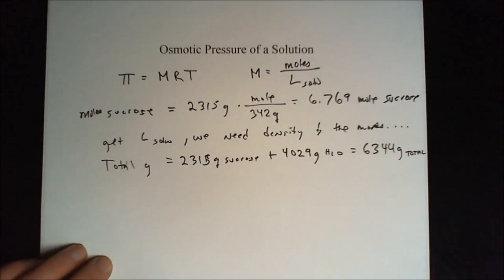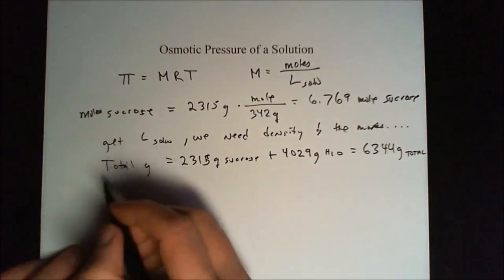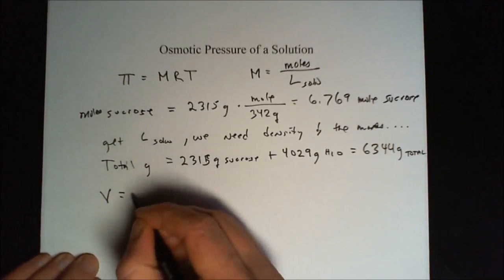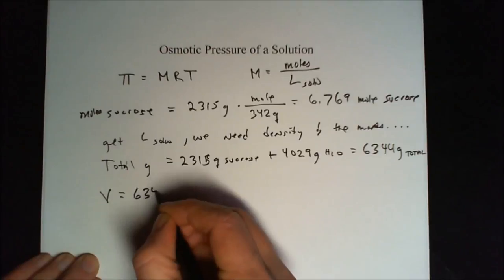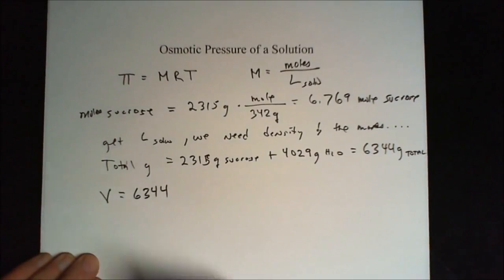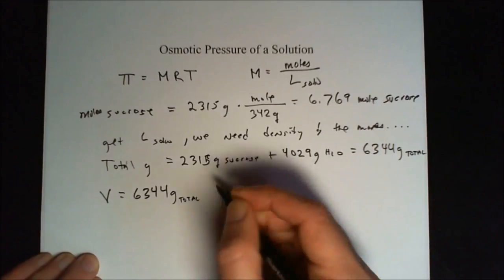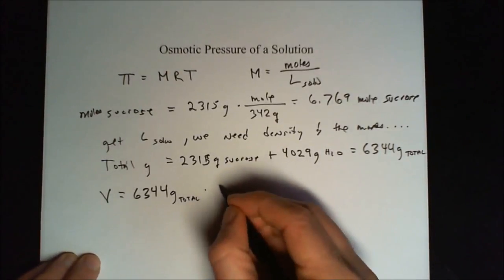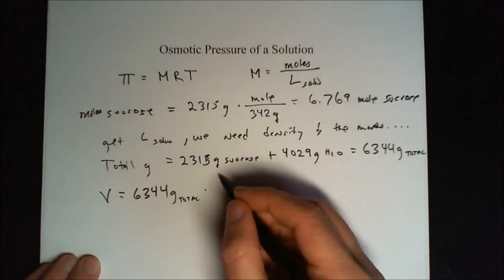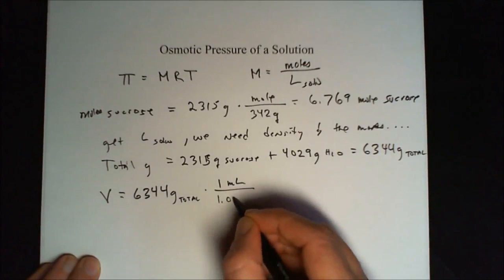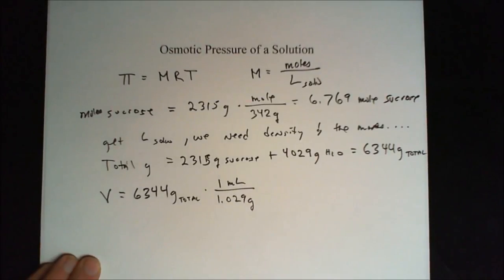Now we're almost there to our liters of solution. We have the density, which was already given to us, so our volume is the mass of our entire solution, which was the grams of the sugar plus the grams of the water, times the density, which was 1.029 grams per milliliter, so we'll put milliliters on top, which is 1.029 grams. That was the density of the water solution.